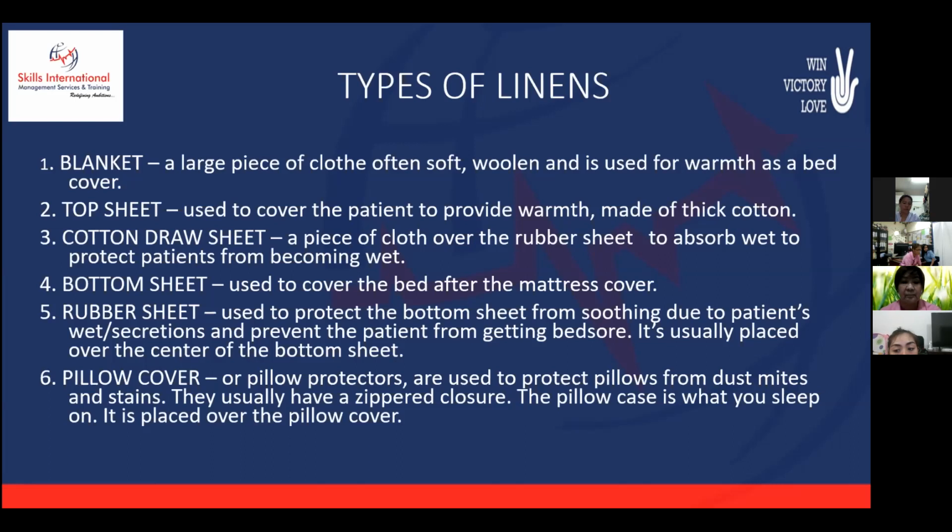It's usually placed over the center of the bottom sheet. Pillow covers or pillow protectors are used to protect pillows from dust, mites, and stains, so they usually have a zippered closure. The pillowcase is what you sleep on, and it is placed over the pillow cover. So we have eight types of linens that we need to use.